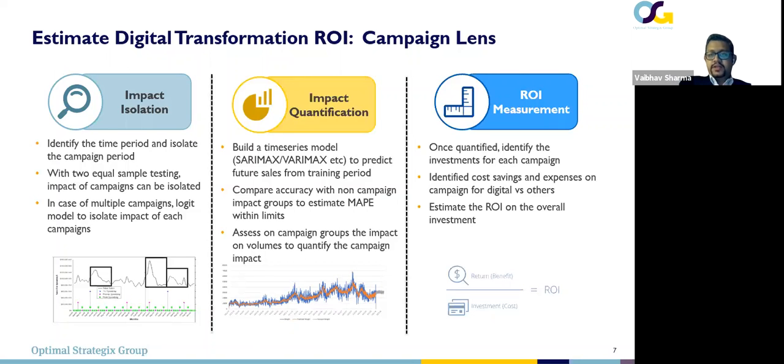So the impact isolation is really the first step, right? Once you identify those GDP and macroeconomic factors, you isolate that impact from your data. What you do is create two different sample groups within your data. It could be your customers, it could be your trade, it could be anything. These two groups we like to call a control and a test group.